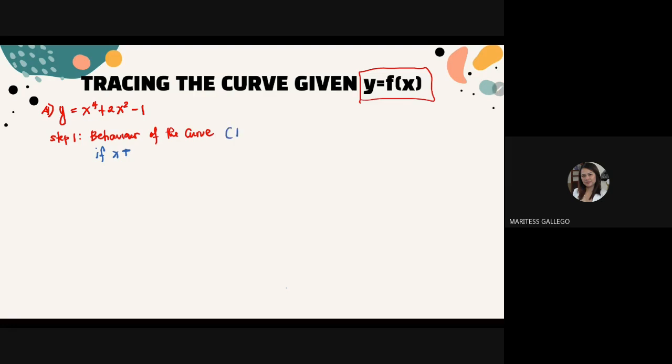Okay? Testing now the leading term. Ano yung leading term natin dyan? Yun yung x raised to 4. The one with the highest exponent. Pag dyan kayo nag-substitute ng very large value, pwede na. Okay? No need for you to substitute to all the terms in your function. Doon lang sa first term, the one with the highest exponent. Yan yung leading term na sinasabi.